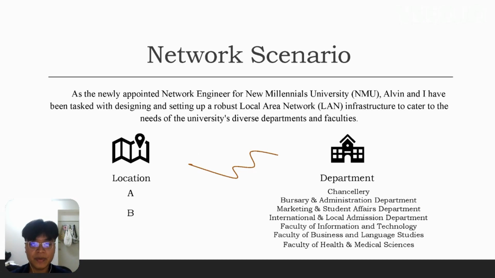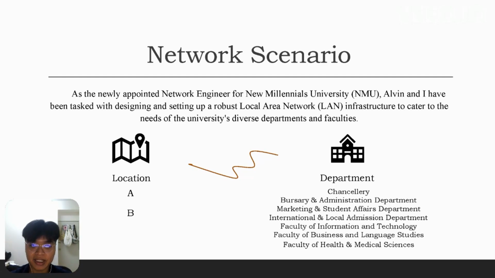First, we will be looking at the network scenario. Alex and I, as the newly appointed network engineers for New Millennials University, have been tasked with designing and setting up a robust local area network infrastructure to cater to the needs of the university's diverse departments and faculties.